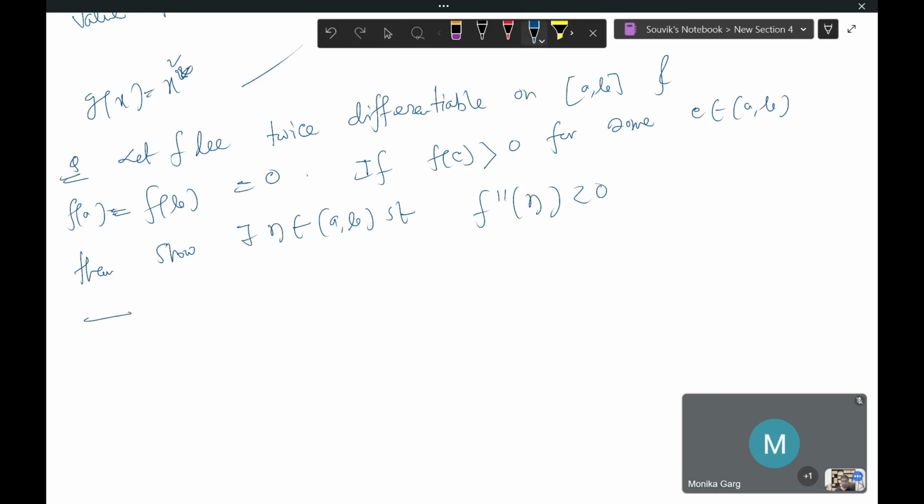so first of all, here only we are going to use the Lagrange mean value theorem. Okay. So f is equal to 0 and f is greater than 0.